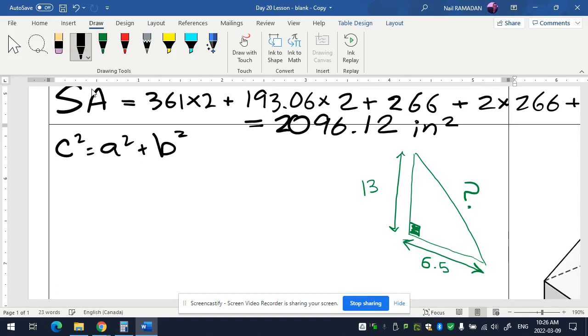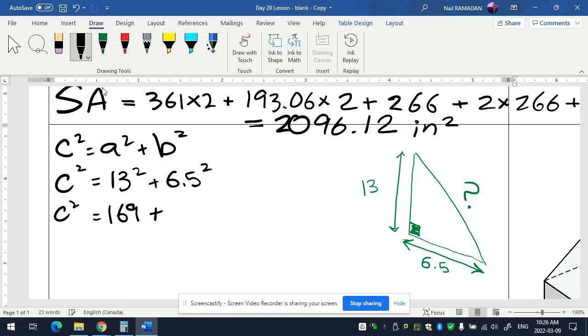13 squared plus 6.5 squared. All right. What's 13 squared? 169. What's 6.5 squared? 42 and a half. Sorry, 42.25. Okay, let's add up.